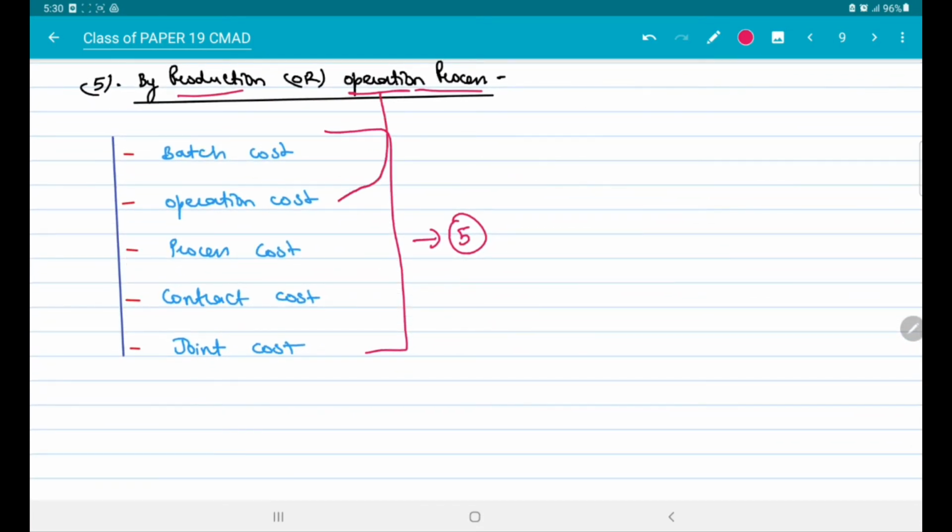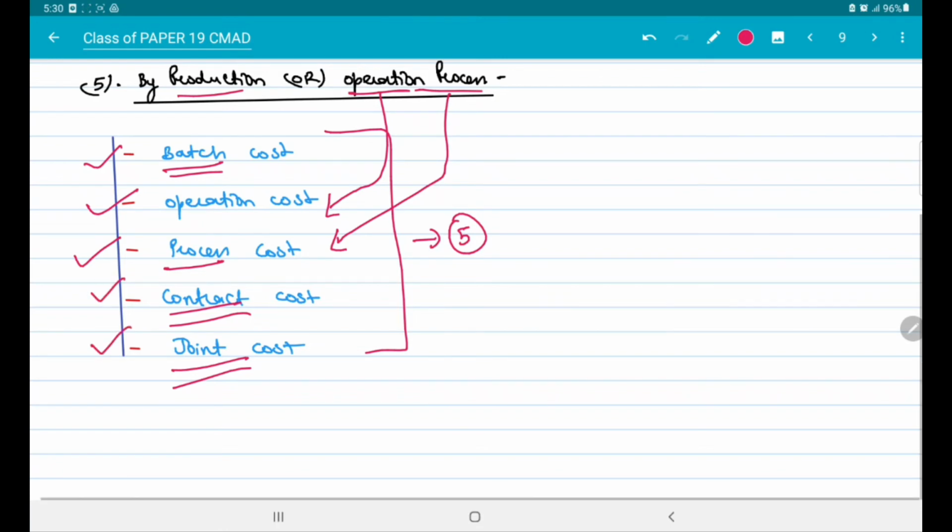In this, name itself will give you the 2 classification: operation cost, process cost. Other 3 is batch cost, contract cost, joint cost. So totally 5: batch cost, operation cost, process cost, contract cost, joint cost.